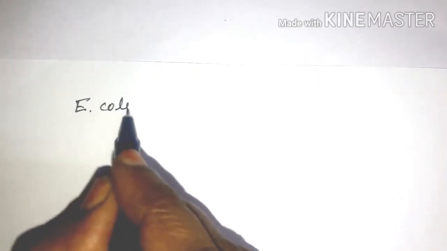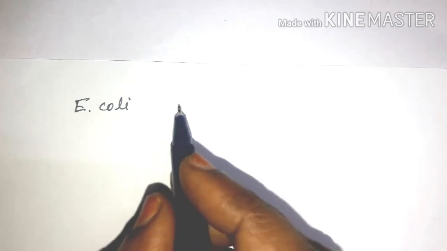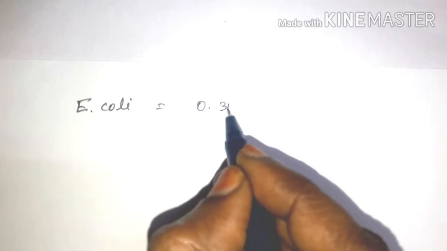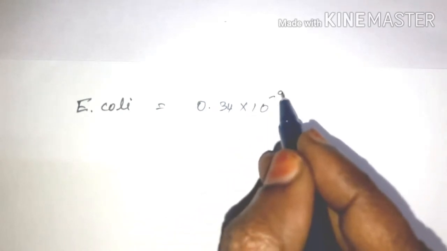With the help of the base pair distance already calculated for mammalian DNA, now we can calculate E. coli. We already have the base pair distance in meter.